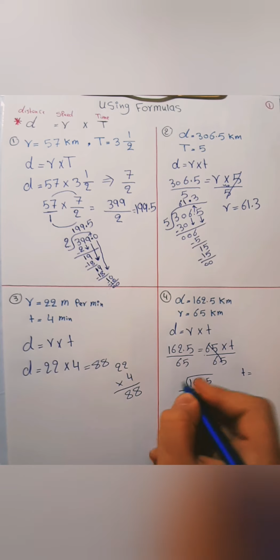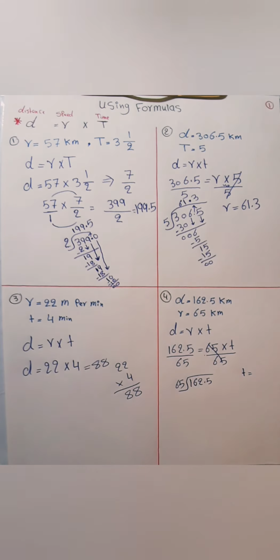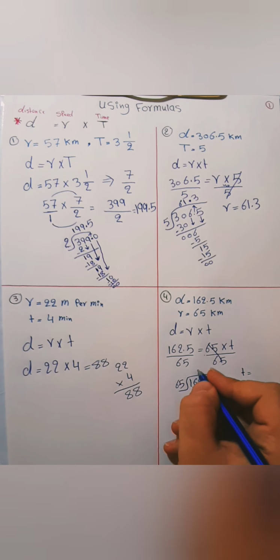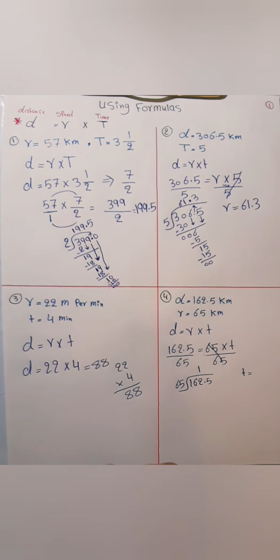162.5 divided by 65. How many 65s are in 162? We have only 1. 1 times 65.